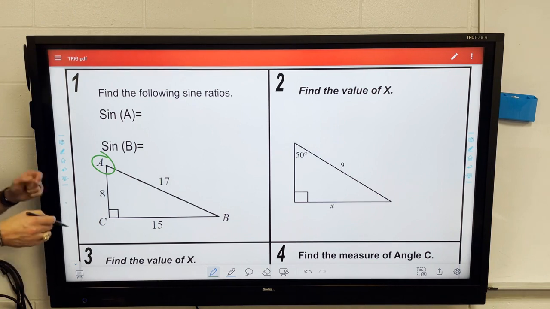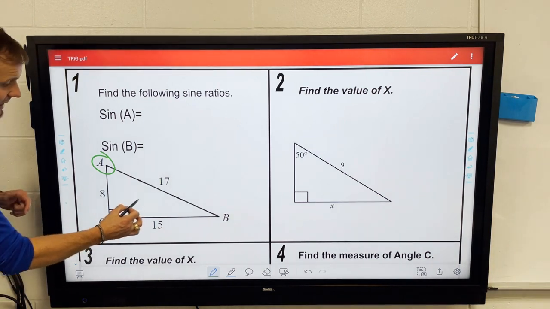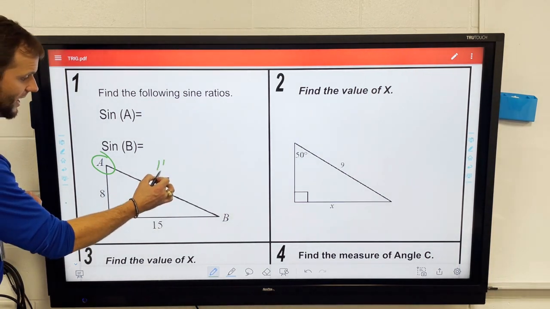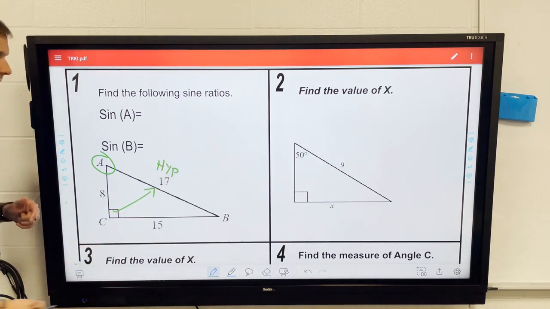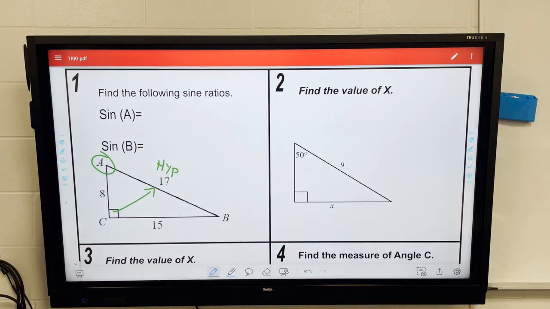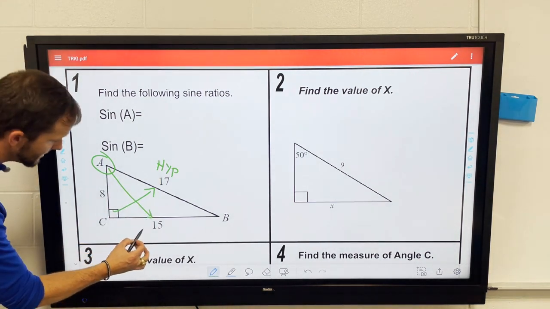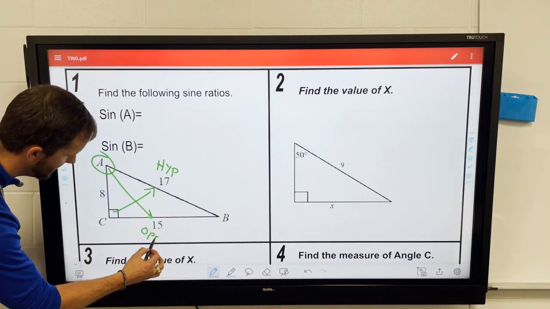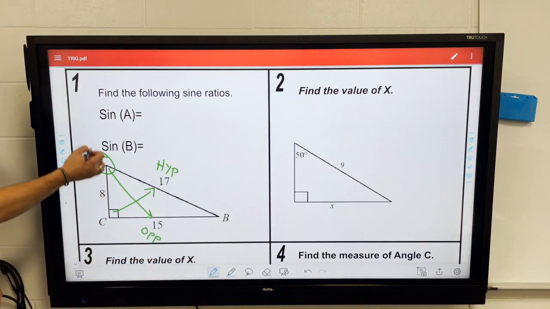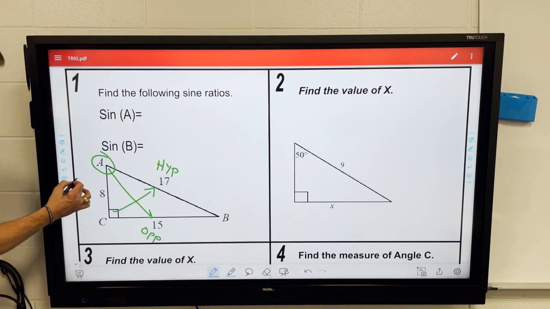So I know to start off, opposite of my 90-degree angle is always your hypotenuse. It's always the hypotenuse. That's never going to change, okay? But now, if I go from angle A, the opposite of angle A is going to be the opposite side. So that means the third side that I've not labeled yet is going to be my adjacent side, okay?